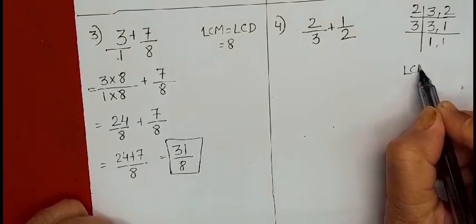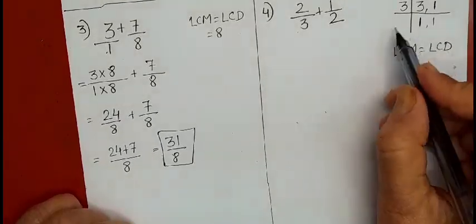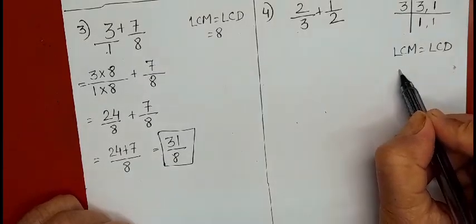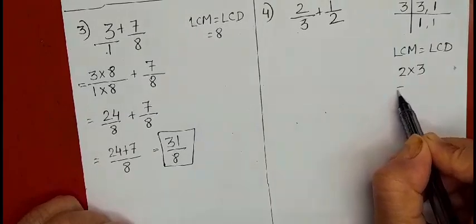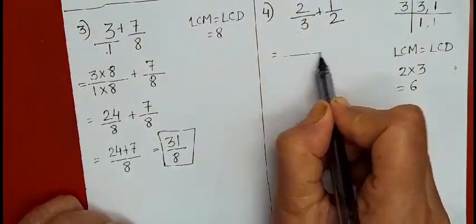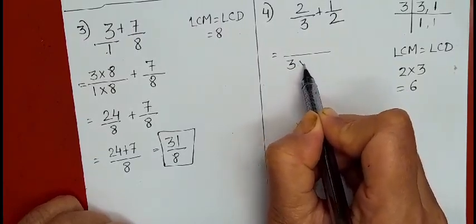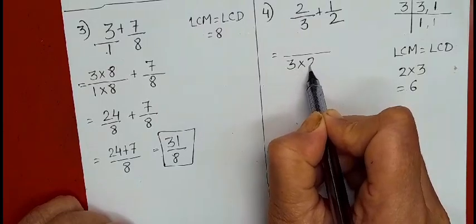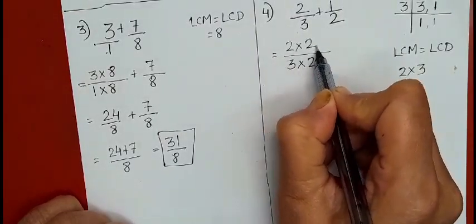So the LCM or least common denominator LCD we get as the product of the two numbers on the left hand side, which is 2 multiplied by 3 is 6. Now in order to make this denominator 6, we have to multiply this 3 by 2, and we have to multiply the numerator also by 2.